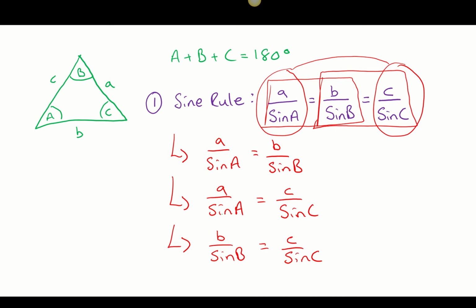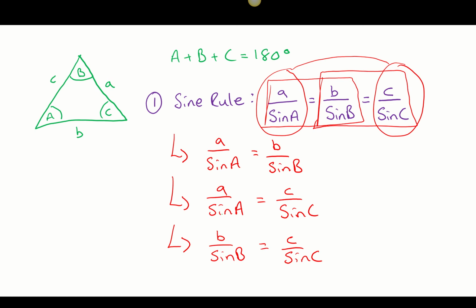You can take any pair you want: the A pair and the B pair, or the A pair and the C pair, or the B pair and the C pair, and they will always be equal in that ratio for any triangle.